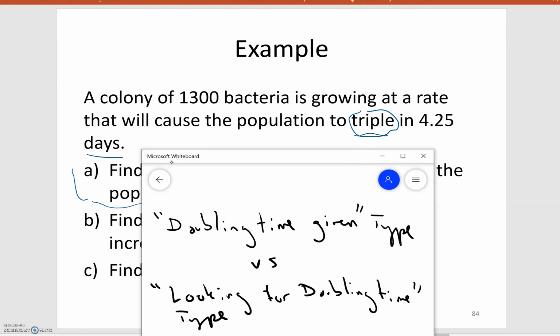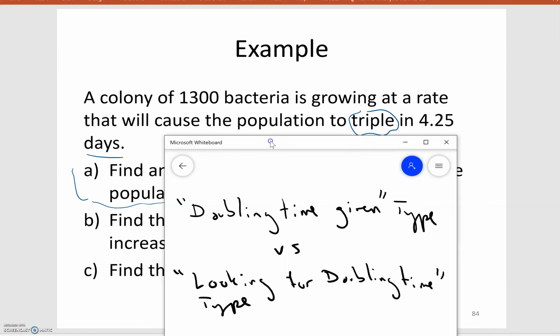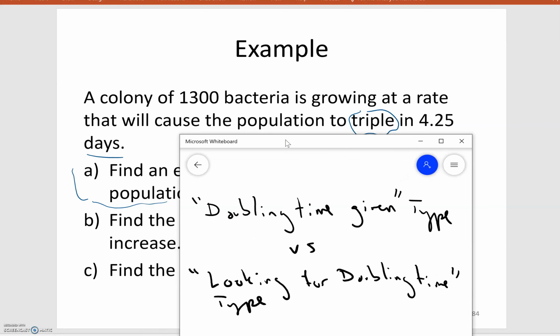Now, I know this is not specifically asking about the doubling time yet, or giving you a doubling time yet, but it's the same notion. So you have to draw a distinction between this type of problem and this type of problem.